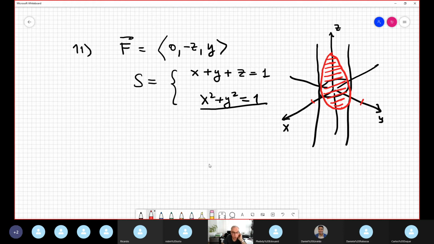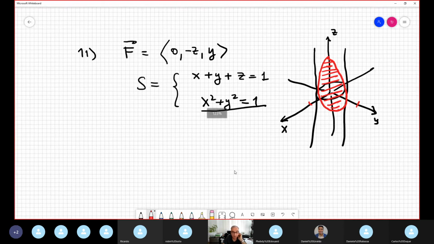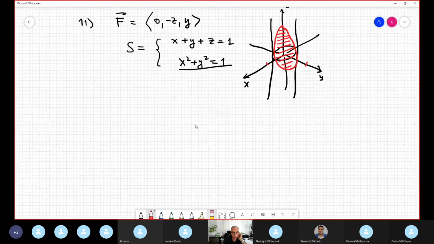Let me recall Stokes theorem. Stokes is a theorem that states the relationship between one line integral on the closed curve of a vector field F dot dr. This curve, of course, is this curve.